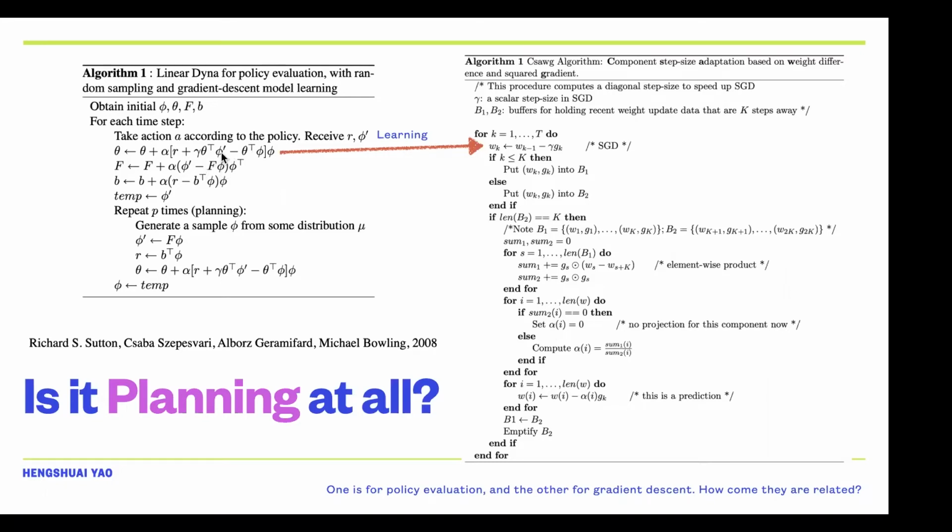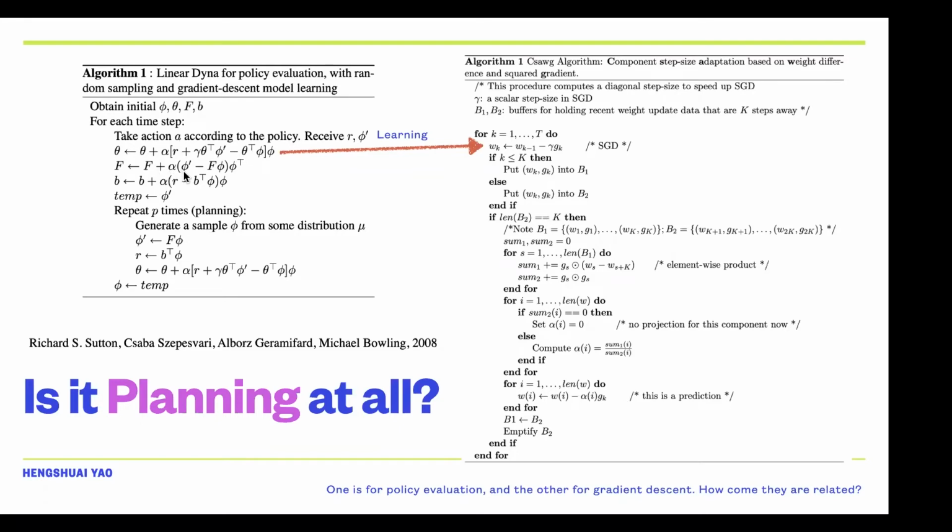This minimizes the prediction error of predicting the expected next feature vector. Here b predicts the reward, but reward is just a special feature. You can basically view lowercase b, the reward model, as an extended row of the transition matrix F. So we can ignore b.